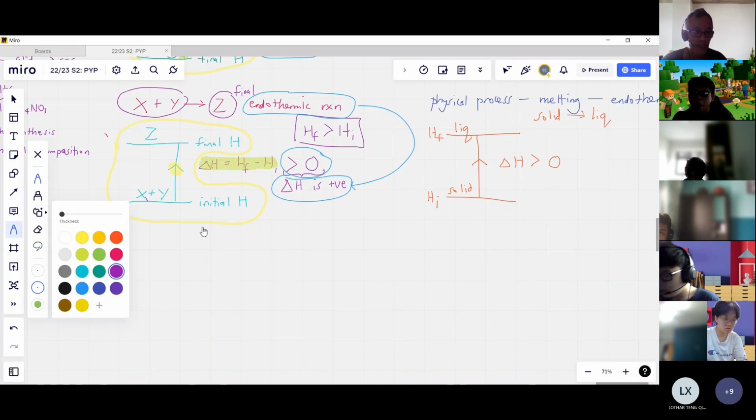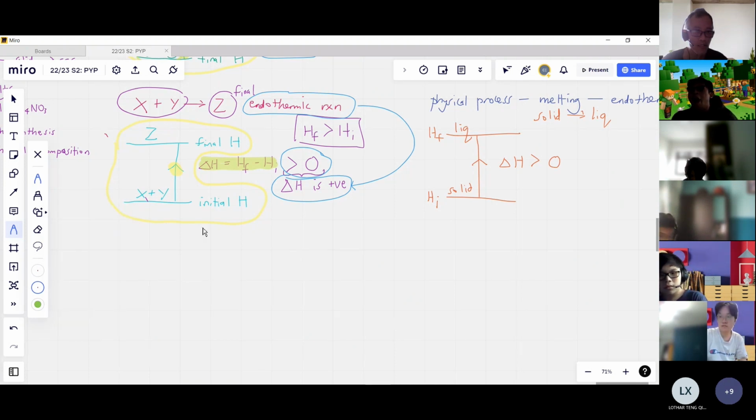Now again, I'll base my answer on this example reaction here. First thing, what do you draw? Axis. And what is the x-axis?